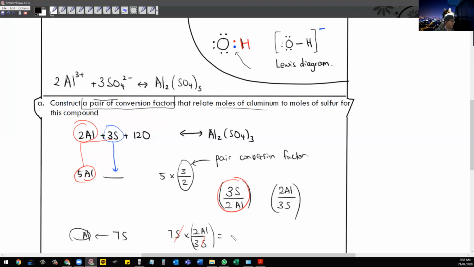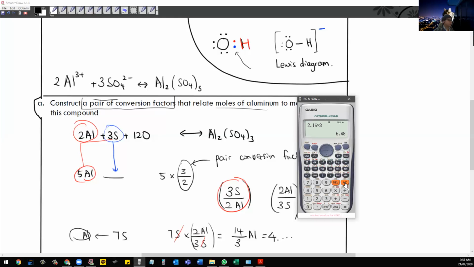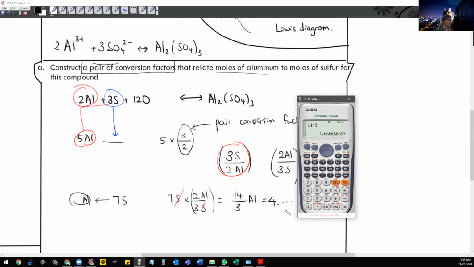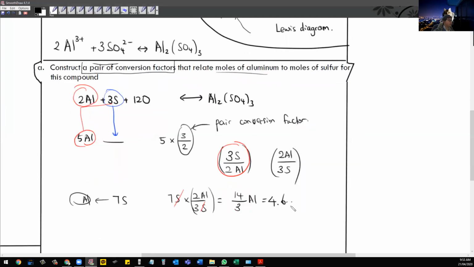That's a different perspective to this one. So you get 14 on 3 aluminium, which gives you about 4 point something. Make sense? Yeah. 4.3. Yeah. So that's 4.6 there. 4.666 moles.